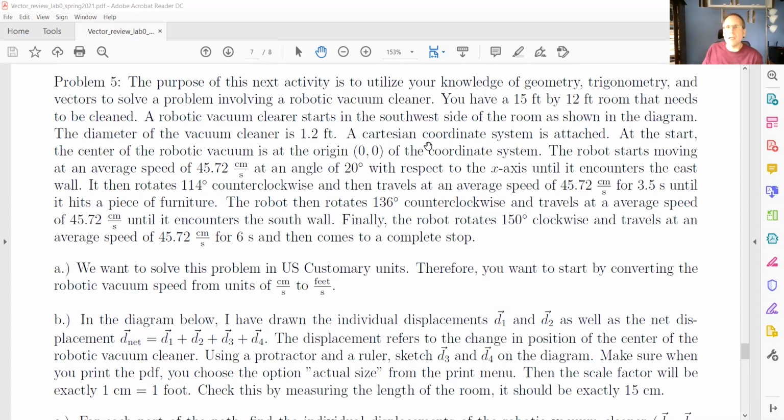Okay, a Cartesian coordinate system is attached. At the start, the center of the robotic vacuum is at the origin of the coordinate system. So it's at the coordinate 0, 0. The robot starts by moving at an average speed of 45.72 centimeters per second at an angle of 20 degrees with respect to the positive x-axis until it encounters the east wall.